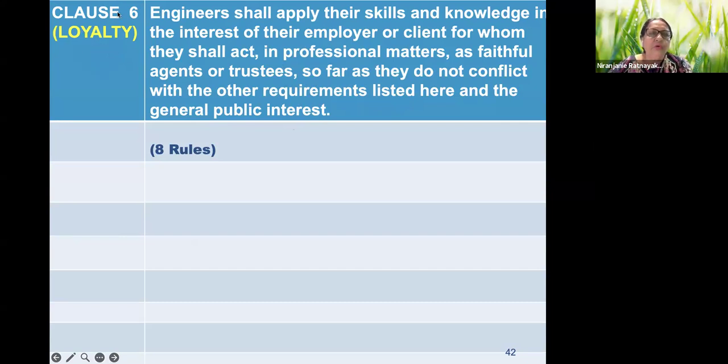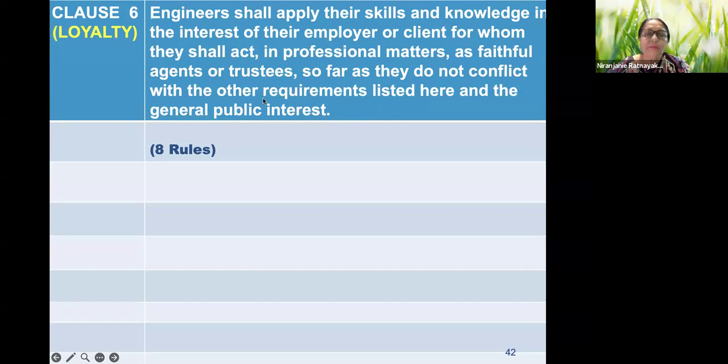Loyalty to your employer or the client, whichever the role that you're playing, right? You have to be loyal to your employer or the client as long as it is not conflicting with other requirements that we'll be talking about and the general public interest, right?